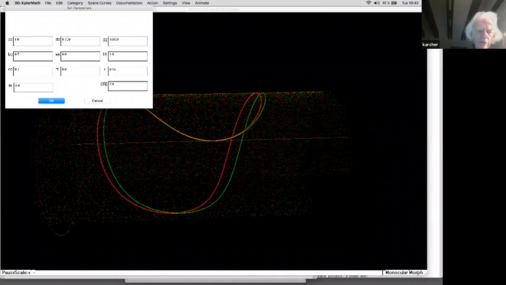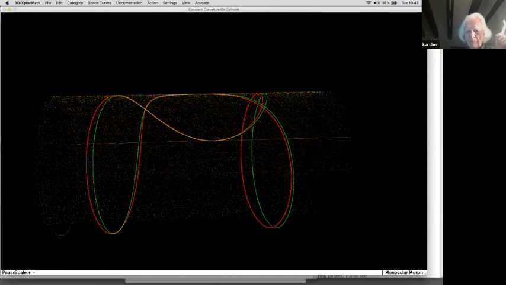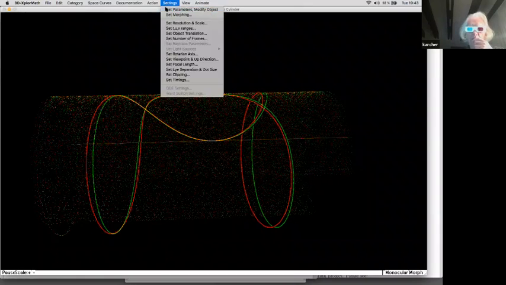So I put 0, 0, 1. And then the curve wraps around the cylinder somewhat more, and it stays closer to the meridian at this point for a while. And I can throw in more zeros.